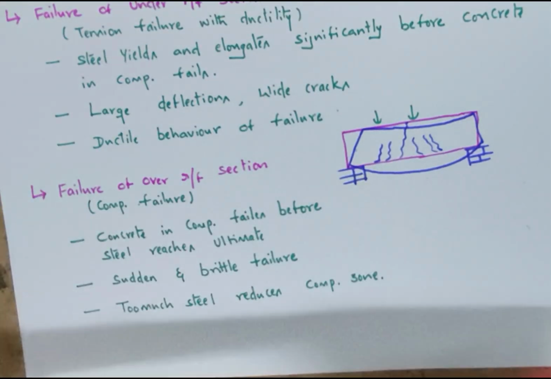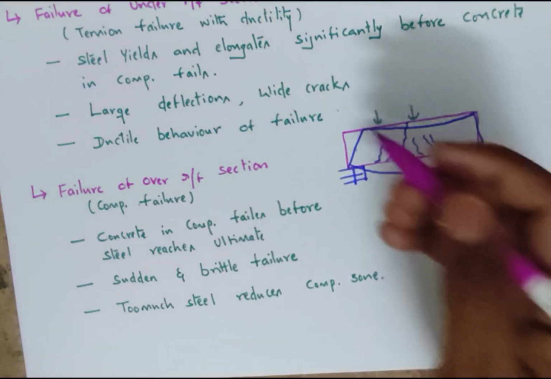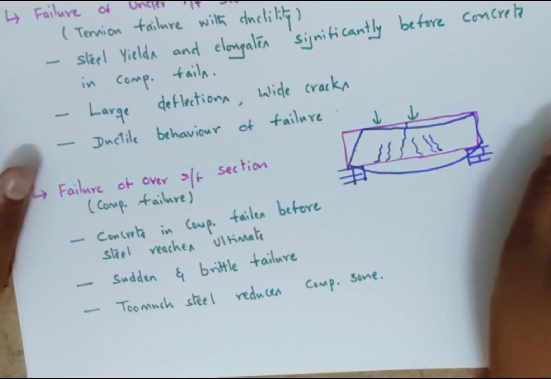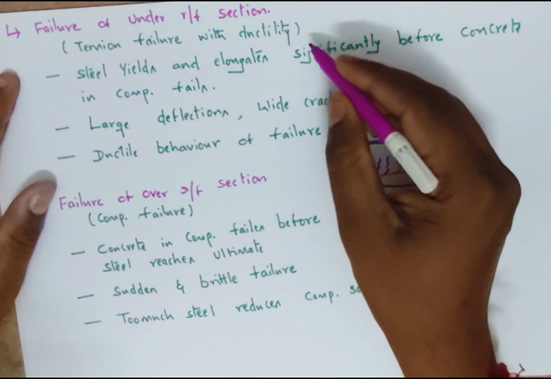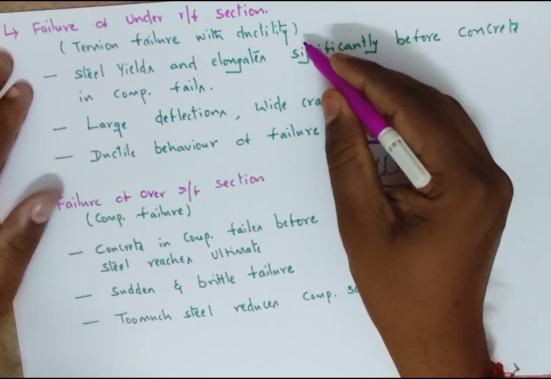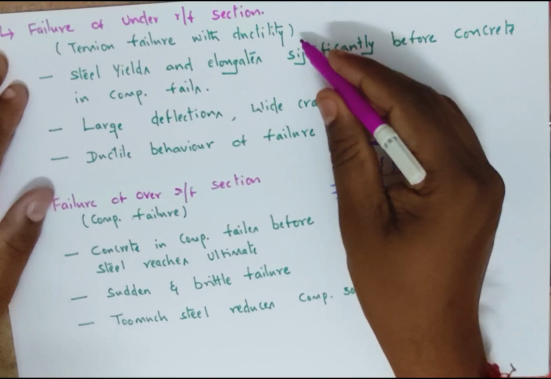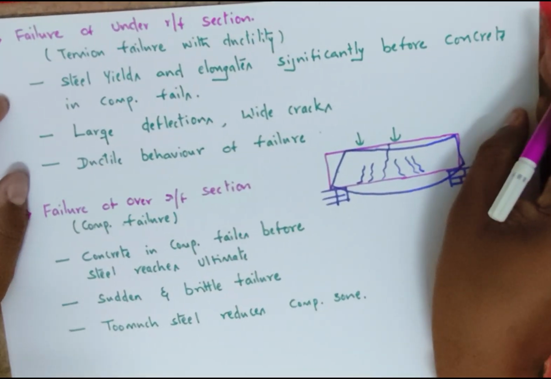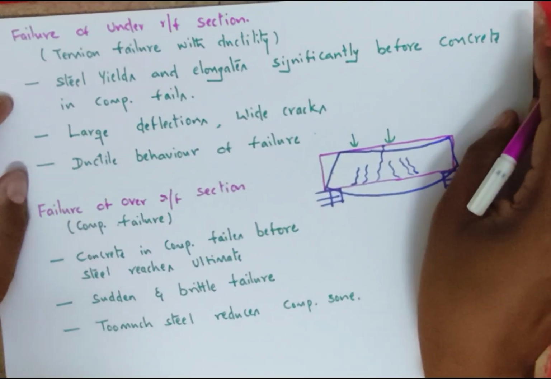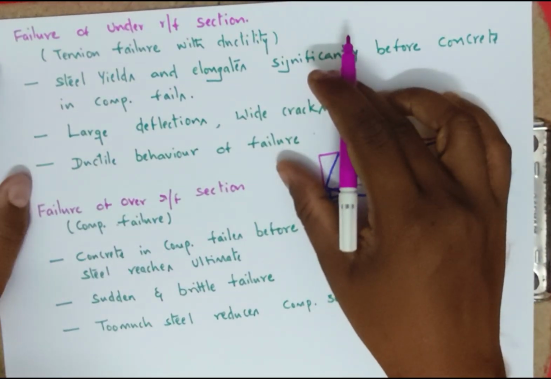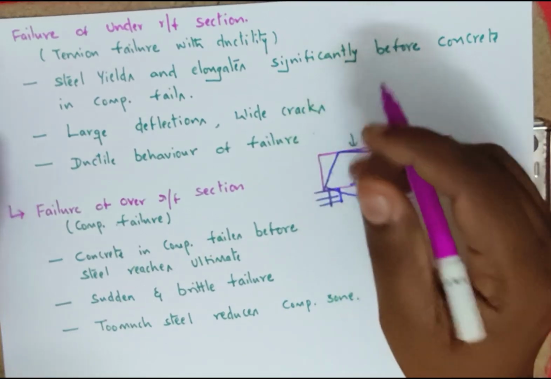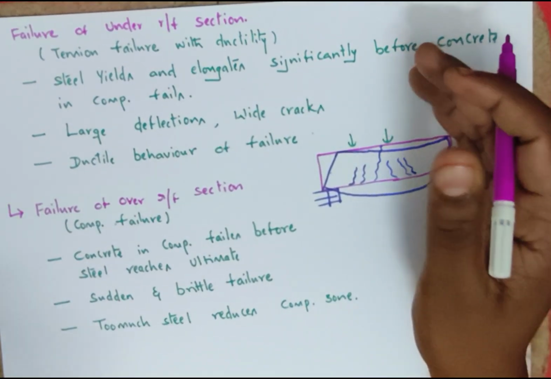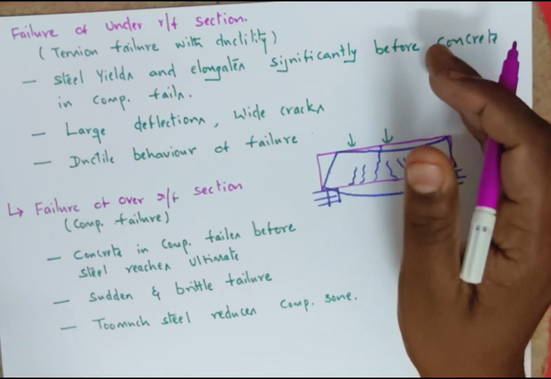Now, coming to the second type of failure, that is failure of under reinforced section. This type of failure can also be called tension failure with ductility. It means that in this type of failure, large deflections can be observed, wide cracks can be observed before going to fail.